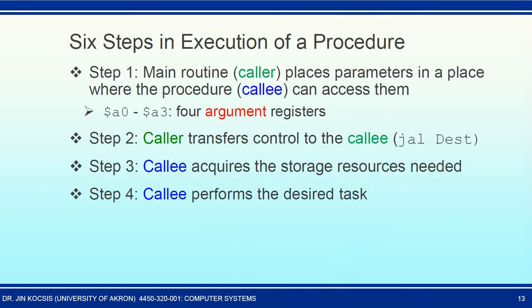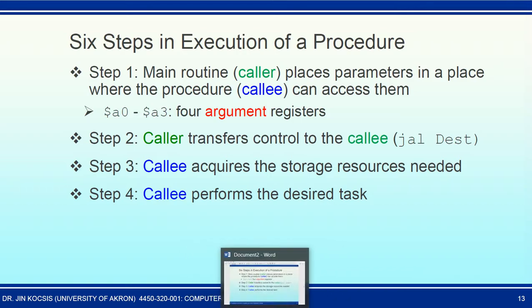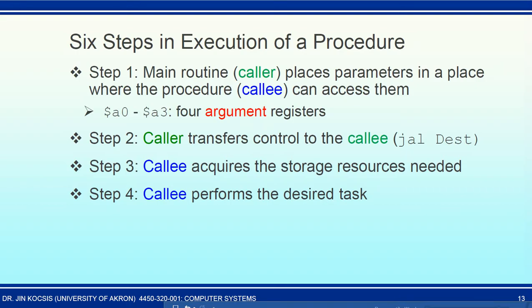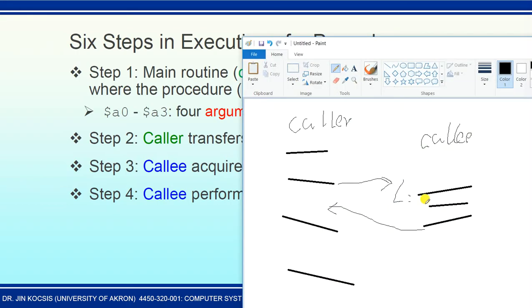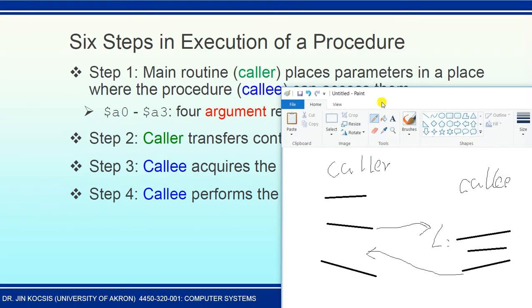So now, based on the terms we have learned, let's see how we can describe the whole procedure call. The first is the caller needs to call the callee, but before that, it might need to transfer some information, which is arguments that can be used by the callee, right?